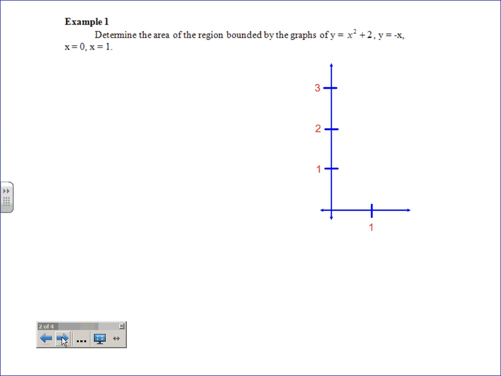So right here, determine the area of the region bounded by the graphs of y equals x squared plus 2, y equals negative x, x equals 0, x equals 1. Well, the good thing is I gave you things that we should have a pretty good idea of what these graphs look like. So y equals x squared plus 2. What's that going to be? Parabola that's been moved up 2, right, from your parent graphs in advanced math.